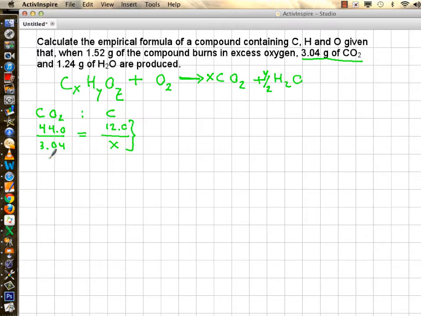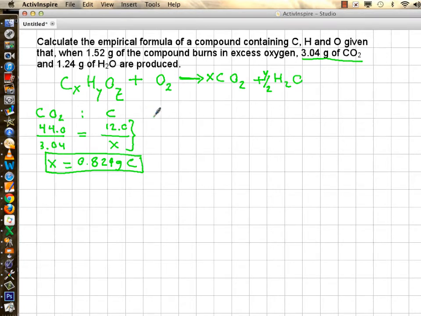So from this information, once you cross multiply, 3.04 times 12 divided by 44 is the value of x. So x happens to be 0.829 grams of carbon. I'm going to box it and save it.